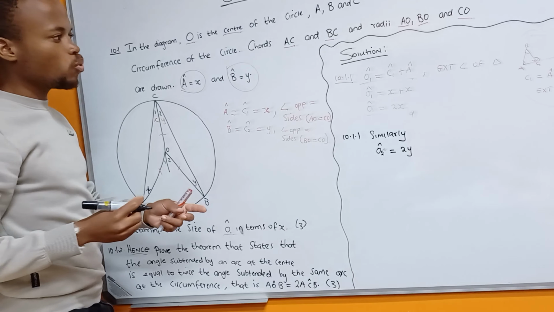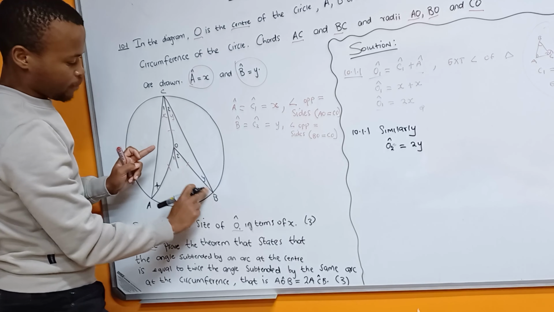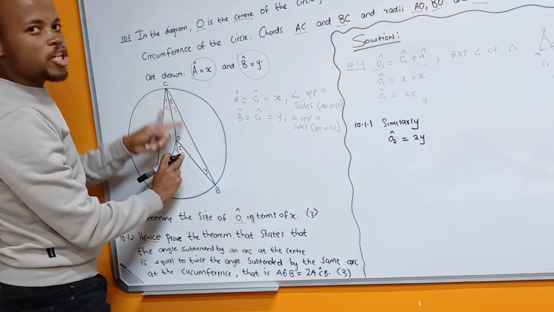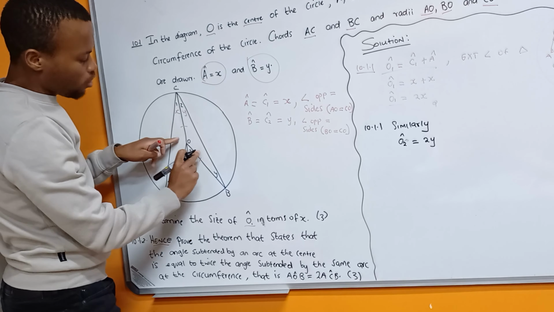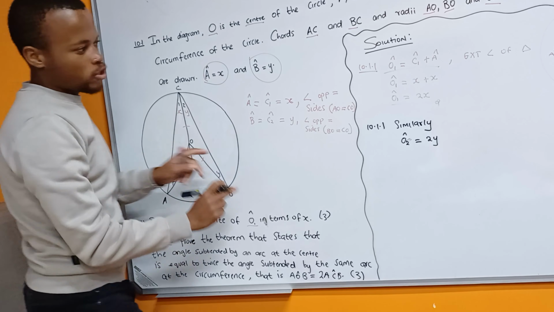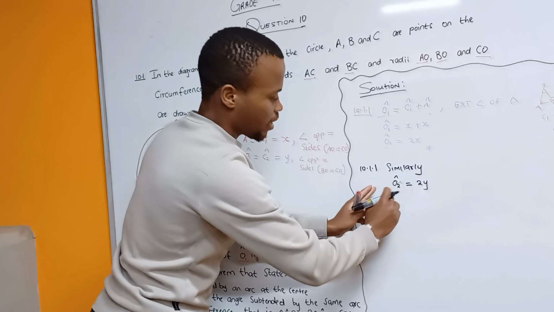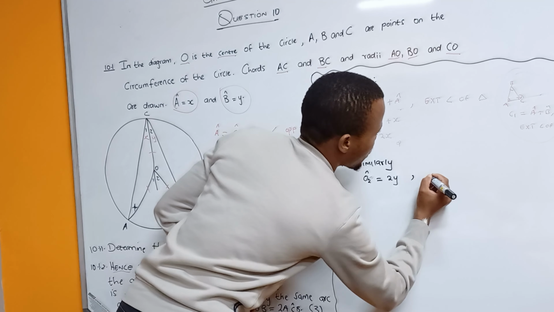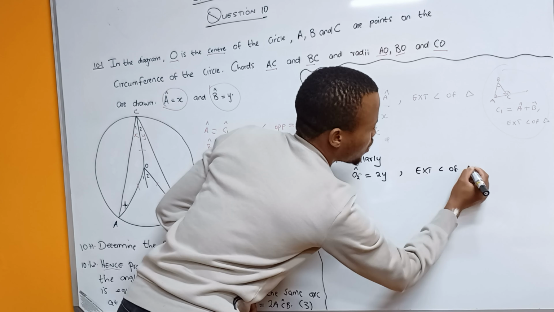Why am I saying 2y? It's because this is an exterior angle of this triangle. An exterior angle is equal to the summation of the opposite interior angles. So in this case, it is y plus y, which gives us 2y. By applying the very same thing, I get that angle O2 is equal to 2y. I can just write that it's an exterior angle of a triangle.